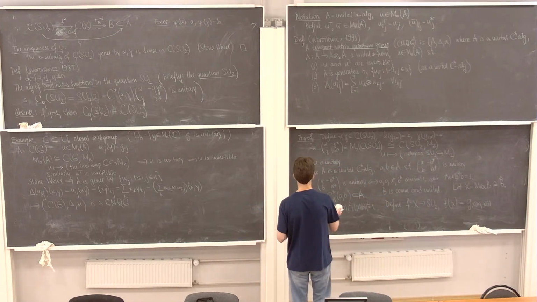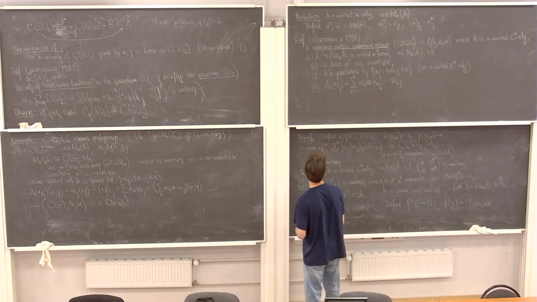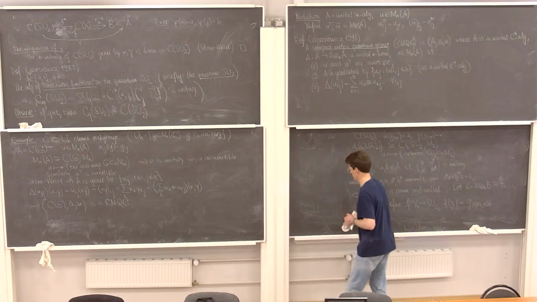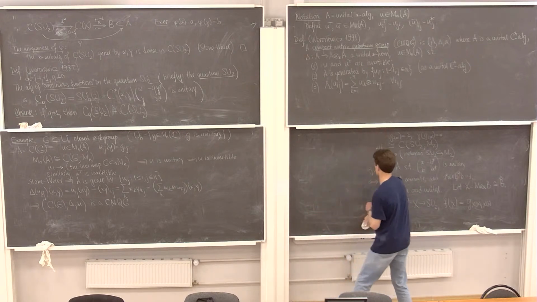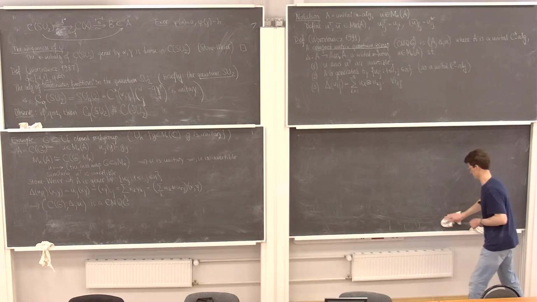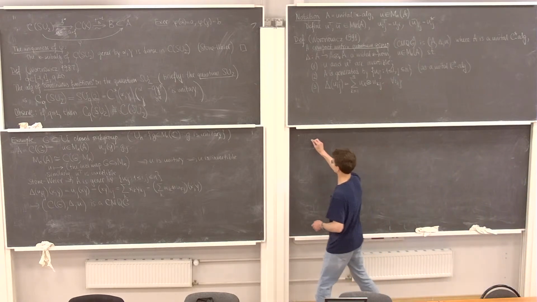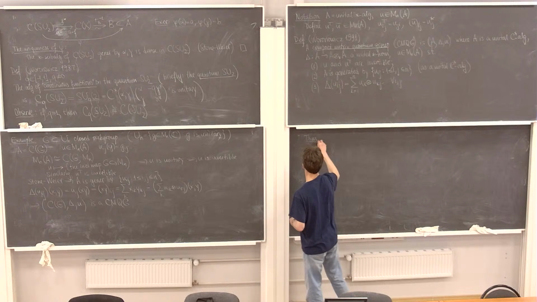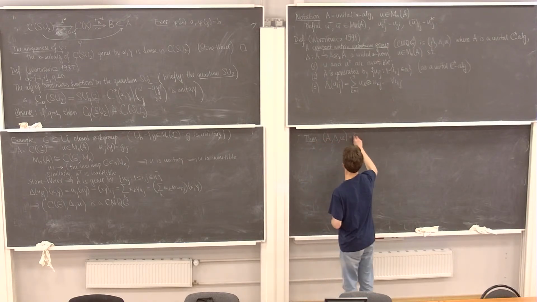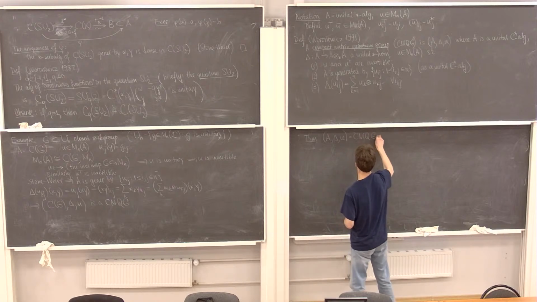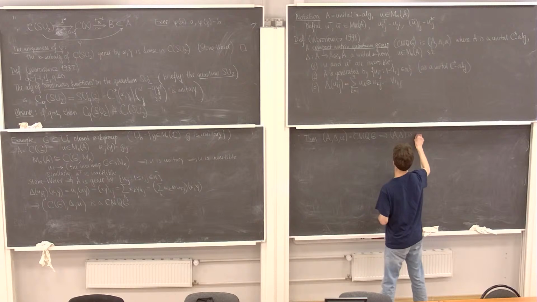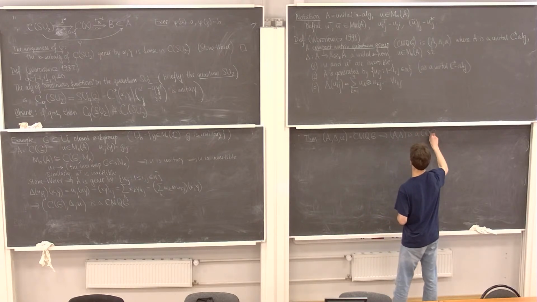Okay. So let's now prove that every compact matrix quantum group is indeed a compact quantum group. If we start with a compact matrix quantum group, then A, together with delta, is a compact quantum group.